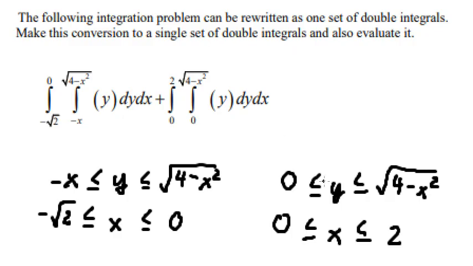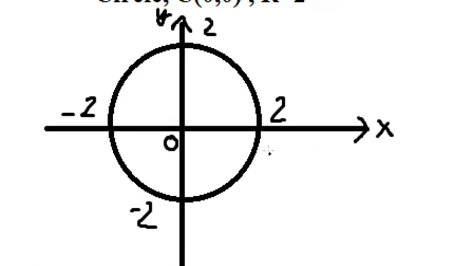Now, if we look on the bounds, we know that from 0 to number 2, y is greater than number 0 and smaller than or equals to the square root of 4 minus s squared. We know that this is about the positive. The positive that should be in here.